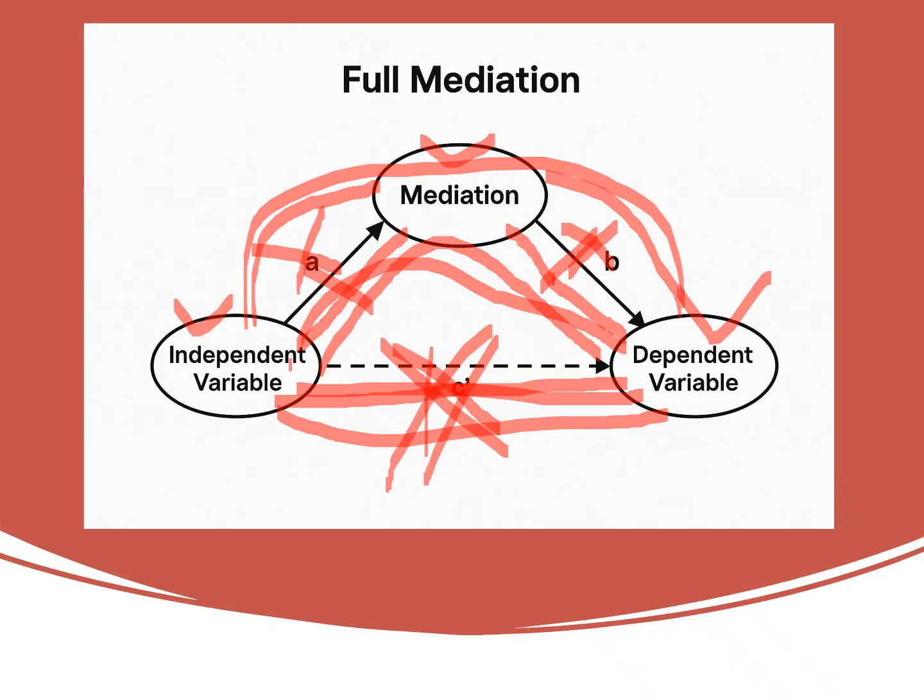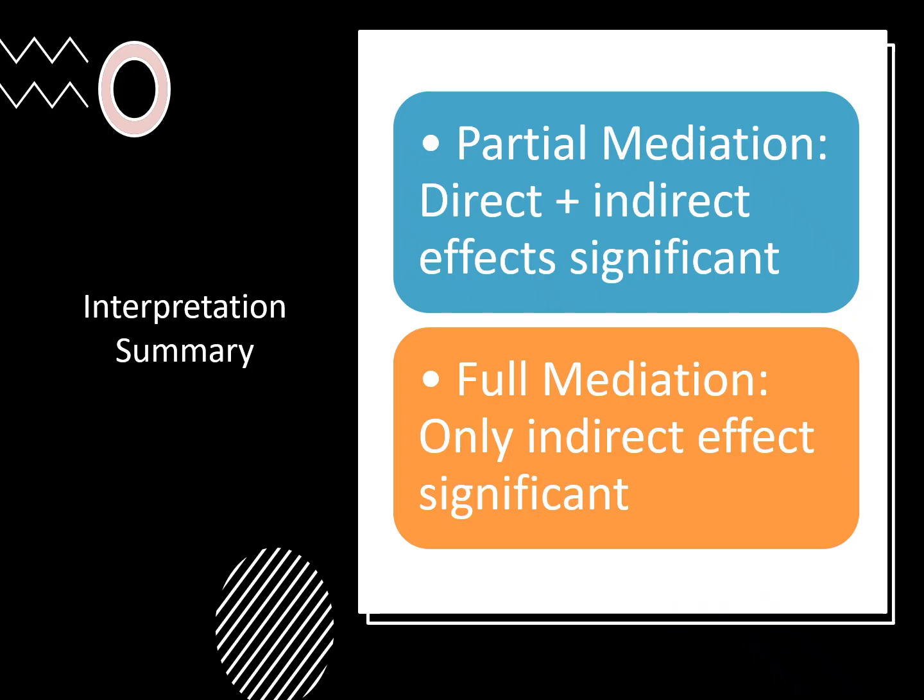So these are the very basic concepts about partial mediation, full mediation, and no mediation. We will see in the next video when it is complementary mediation and when it is competitive mediation. This is a very short summary for full mediation and partial mediation. Partial mediation: direct and indirect, both significant. See here, direct and indirect path, both effects are significant.